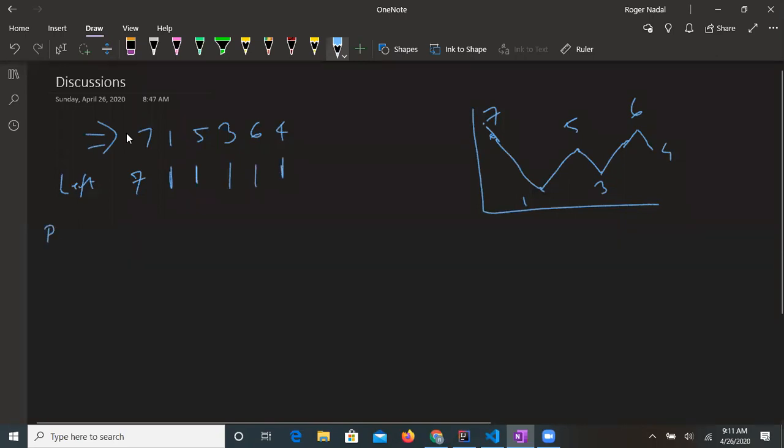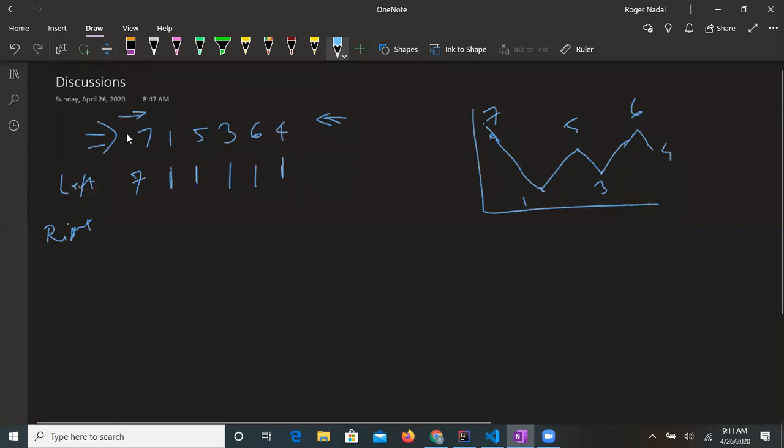And then from the right side, we go in this direction. From the left side, I was going like this. Now we go from future to past this way. And what I want is the best stock price so far, because then I could have chosen that day to sell it.